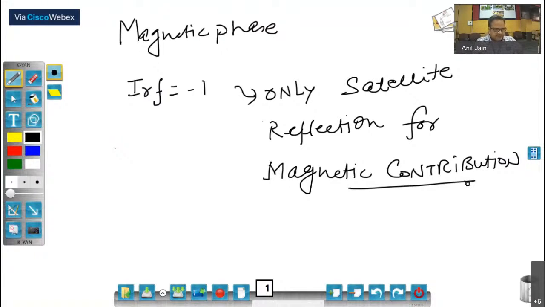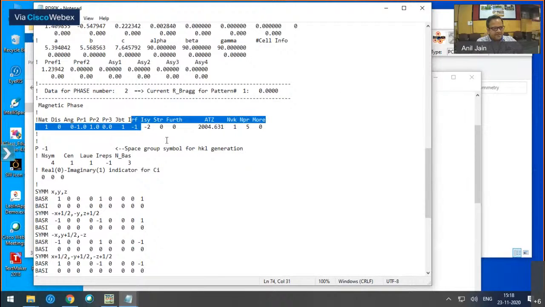And there are a couple of more important things here. ISY equal to -2 tells me that in this PCR file, I will be giving the information about the moments in terms of the basis vector.